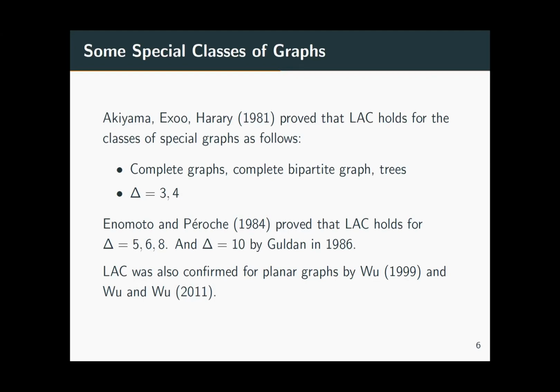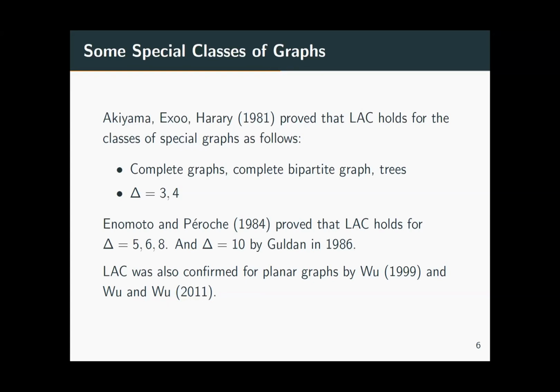And they also proved it for maximum degree equal to 3 and 4. And later on, Akiyama, Exoo and Harary in 1984 proved that the conjecture also holds for delta equal to 5, 6, and 8. Then in 1986, delta equal to 10 was proved by Guldan.